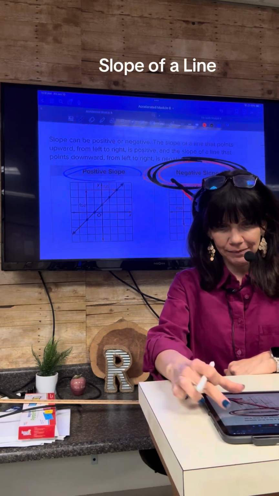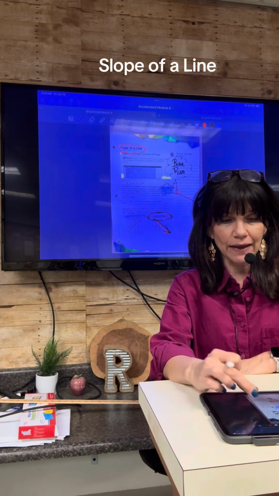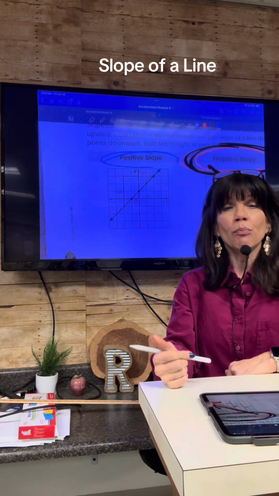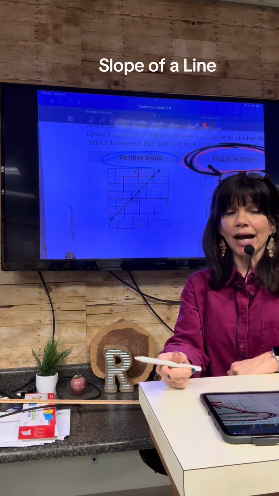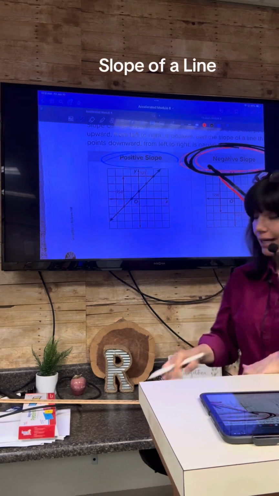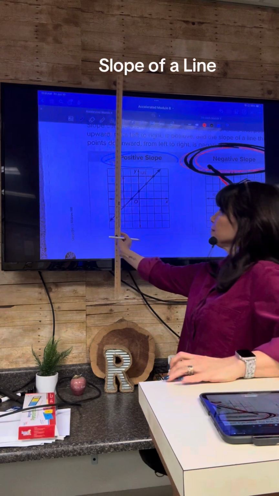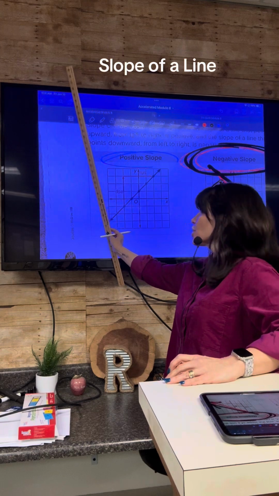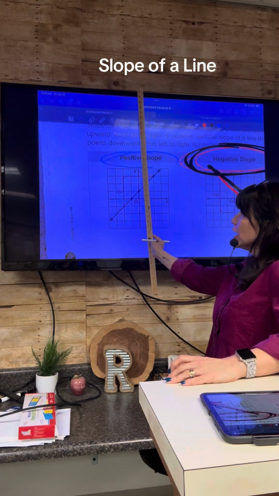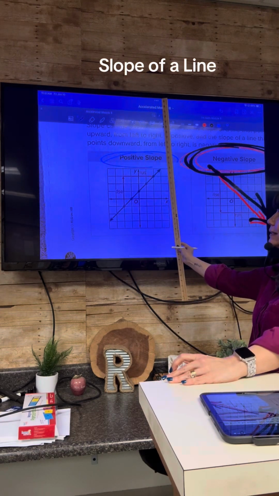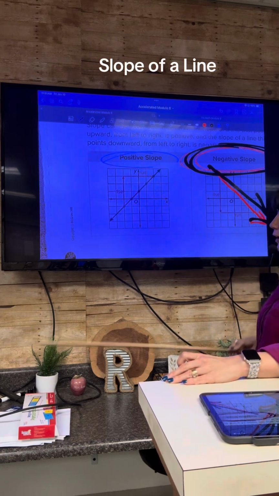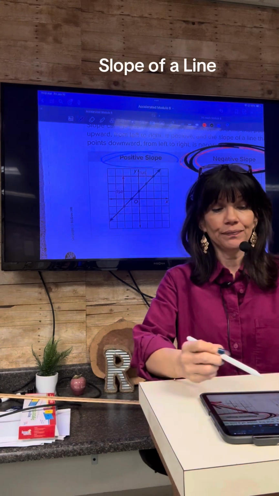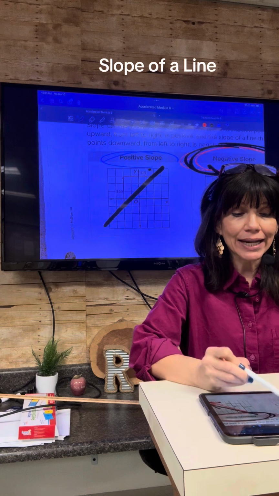Excellent. Now that you understand that, we are going to look at a positive slope. A positive slope is an item that, when I use my ruler and I start on the left and travel to the right, is going higher and higher or lower and lower? Higher and higher.